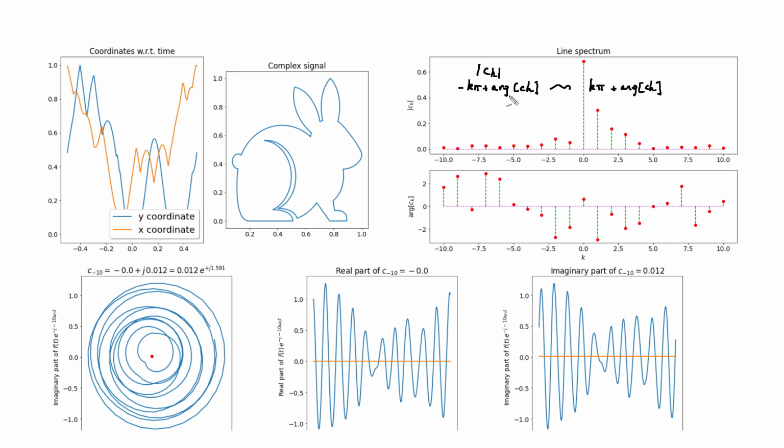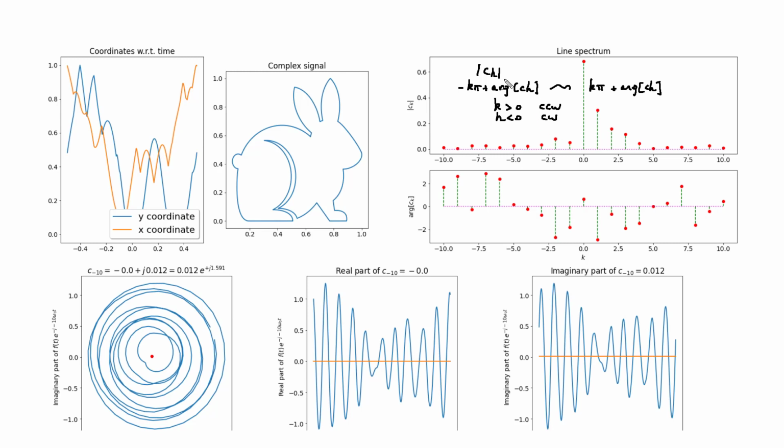So this means here that this phasor will make k full turns, right? And depending on the sign, it will be either counterclockwise or clockwise. So if k is positive, it will be a counterclockwise rotation, and if k is negative, it will be in the clockwise direction.